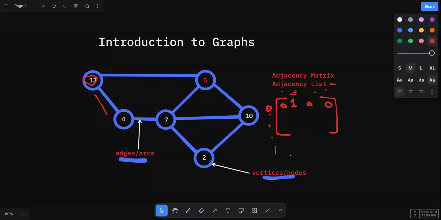Let's say we have vertex 1 here, and it has a list that has maybe elements 2 and 3. This means that vertex 1 is connected to vertices 2 and 3.